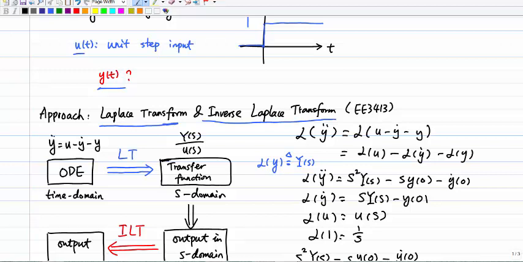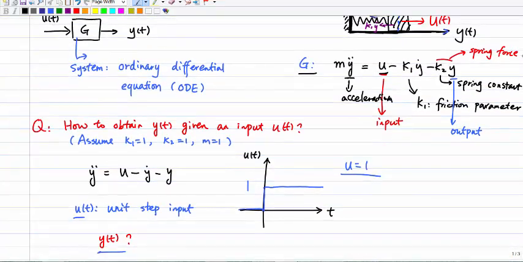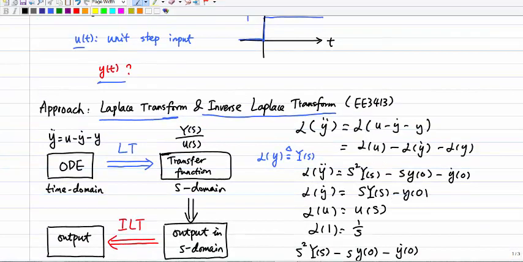The Laplace transform tries to convert the time domain, which is the differential equation we're talking about over here, and move it to another domain we call the S domain. Then we can compute what we call the transfer function. This is all described in the undergraduate control class, 3413. I'll talk about the steps in a minute.